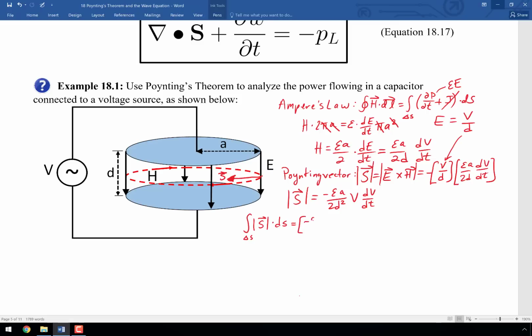So this is minus epsilon a over 2d squared times V dV/dt. So that's the S. And now the area is going to be 2 pi a d.